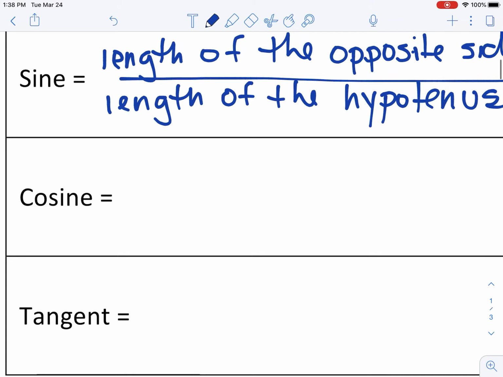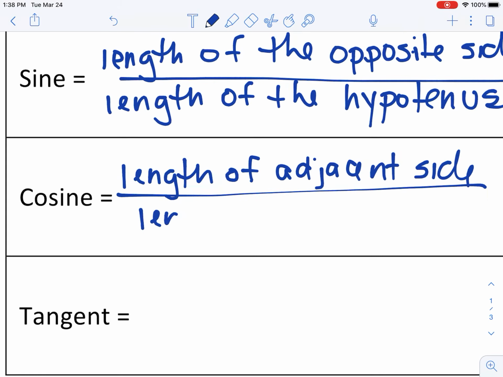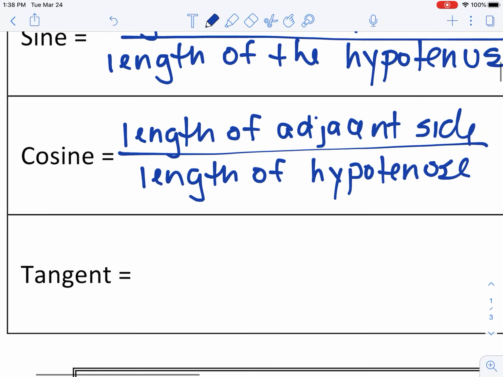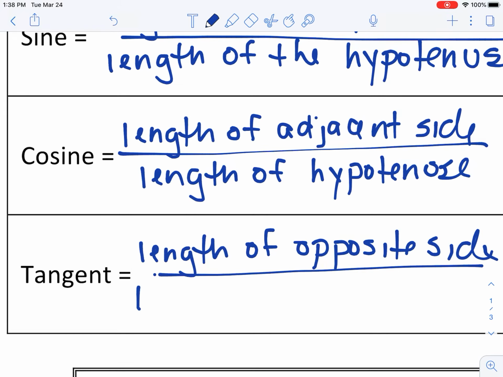The cosine is the length of the adjacent side over the length of the hypotenuse. And then the tangent is the length of the opposite side over the length of the adjacent side.